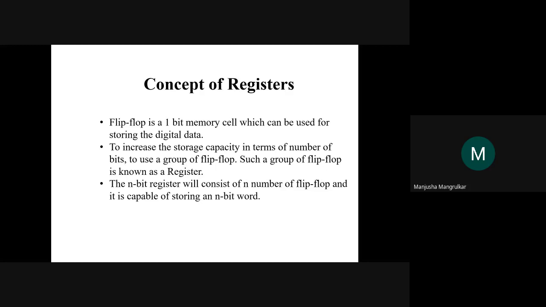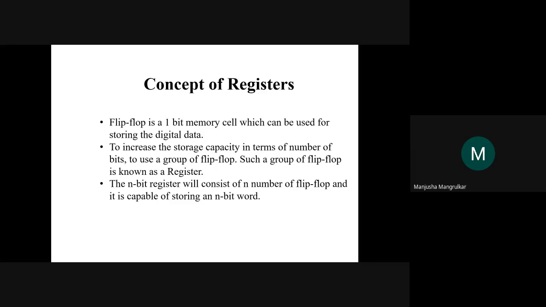To increase the storage capacity in terms of the number of bits, suppose you want to store 2 bits, 3 bits, 4 bits, you need to increase the number of flip-flops and use a group of flip-flops, and such a group of flip-flops is known as a register, right? A flip-flop is a one bit storage memory cell.